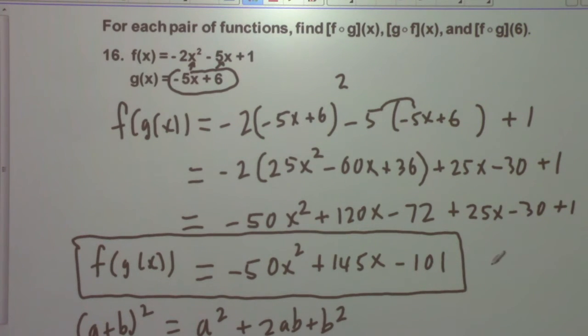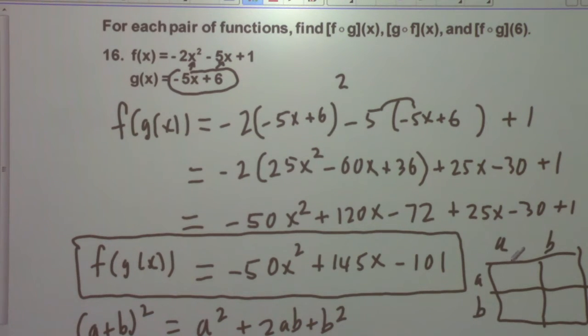And if you box it out like this, did you ever do it like this, Riley? If you did a plus b times a plus b, you get a squared plus ba plus ba and then b squared. So you get a squared plus 2ab plus b squared. That's where that comes from.